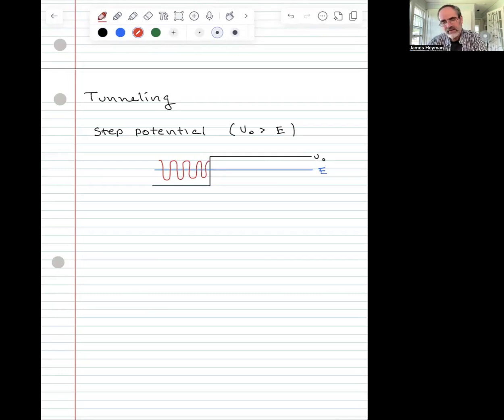But when we reach the barrier, because the energy is less than the height of the barrier, E minus U naught becomes a negative quantity, and as a result, the wave function becomes a decaying exponential. Let me try and draw that again here. Okay, but importantly, the wave function can still leak into the barrier, in a phenomenon we call barrier penetration. Okay? Square, or actually, let me call this the rectangular barrier.